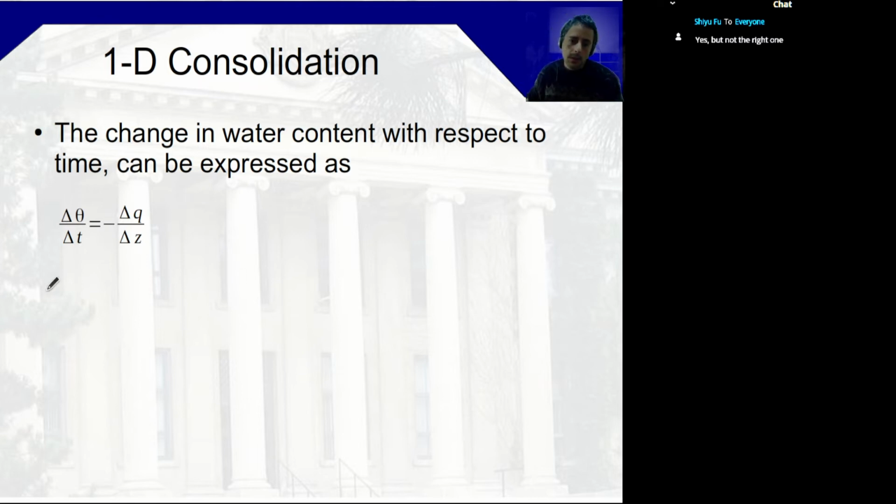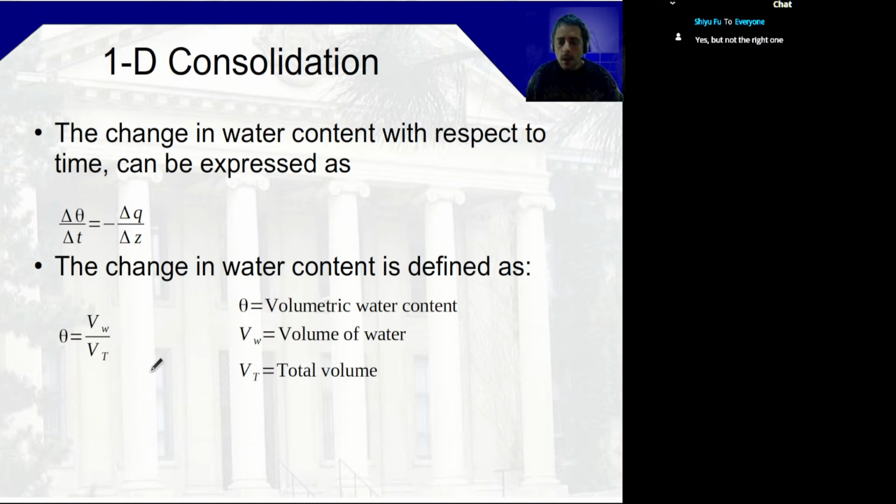So we know that the change in water content over an element of T is equal to minus delta Q over delta Z. We saw that in the past. Now we're considering delta Z rather than delta X because we're considering specifically 1D consolidation. And so what we end up knowing about it is that the water content is, by definition, the volume of water divided by the total volume.